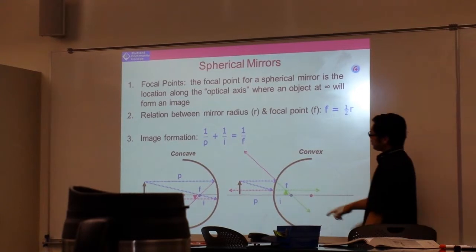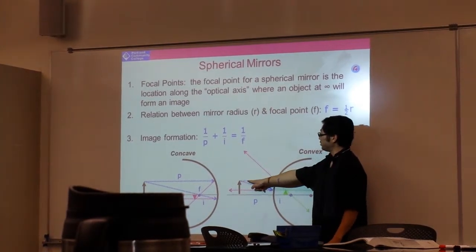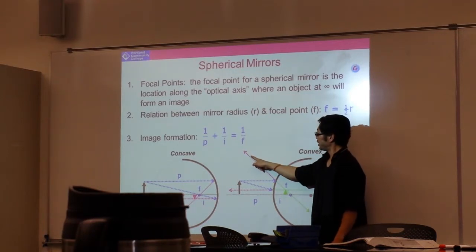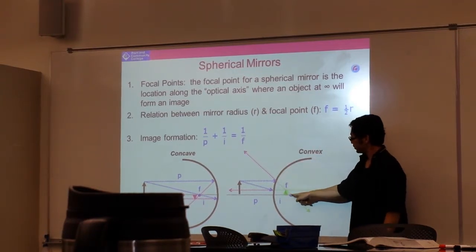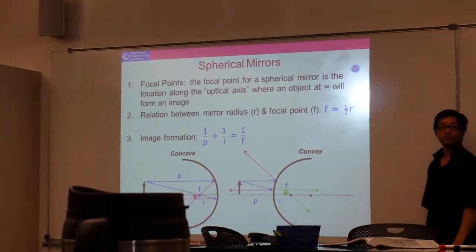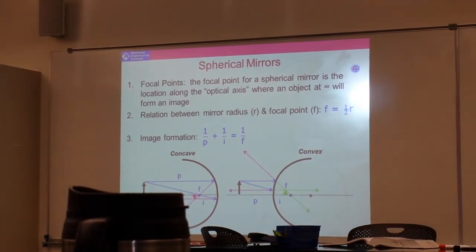So here you can see, for a convex mirror, you have parallel rays, and it will reflect back out that way, but you trace back the virtual ray, and it has to go through the focal distance there. Okay? So that's how we define a focal length, or focal distance, or focal point. Those are all the same.